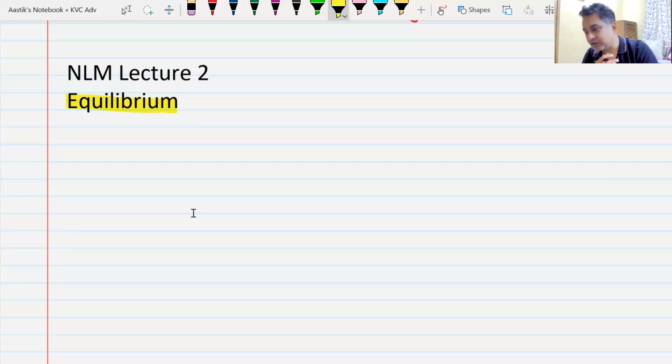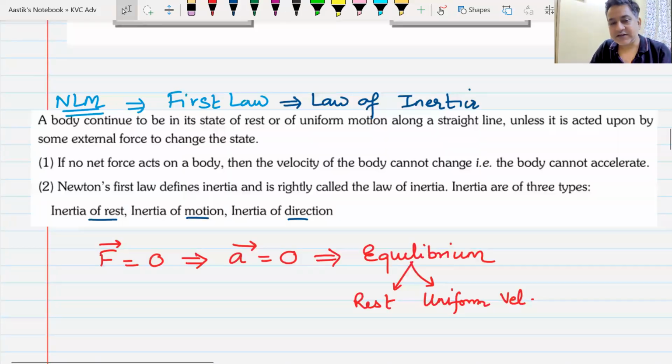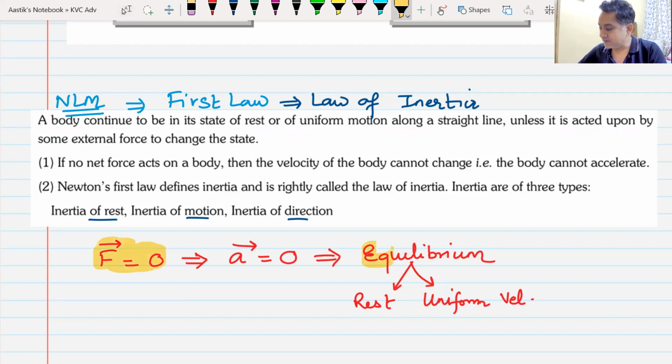Please, before coming to the class, go through what we had done in the previous class. This is what we had done. We have seen that whenever the net force acting on the body is zero, we say that the body is in equilibrium. That means either the body is at rest or it is moving with uniform velocity.